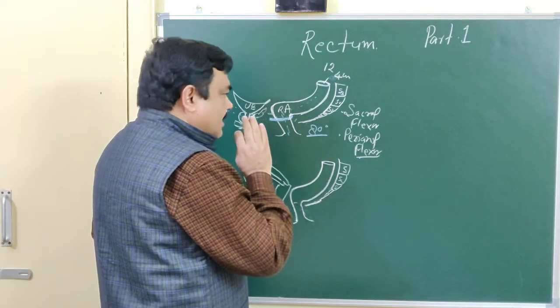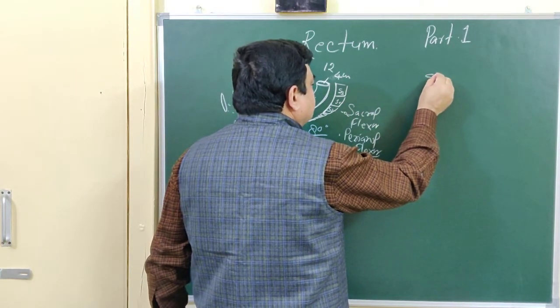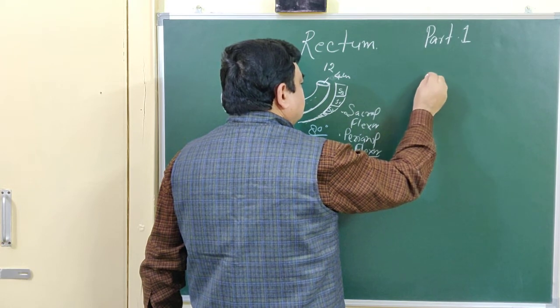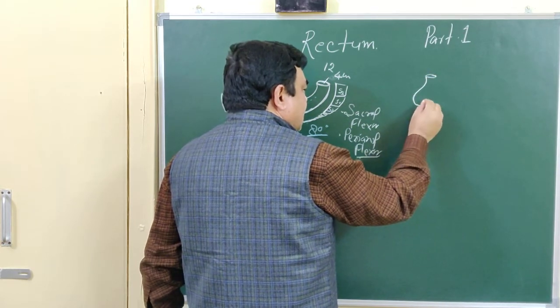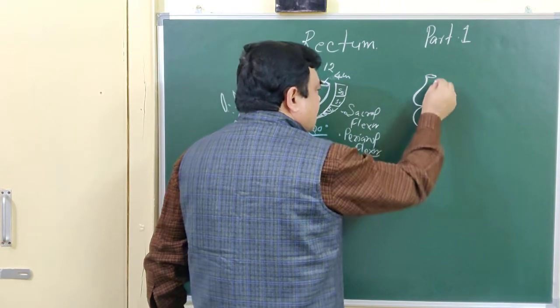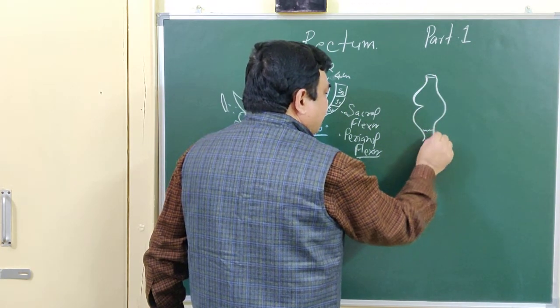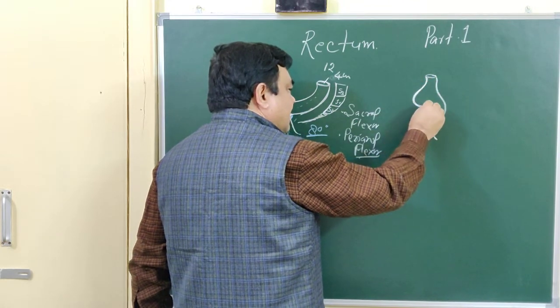And if you see in lateral view, you will find there are three lateral curvatures. This is the anal canal. This is the rectum. Here is the right upper convexity.